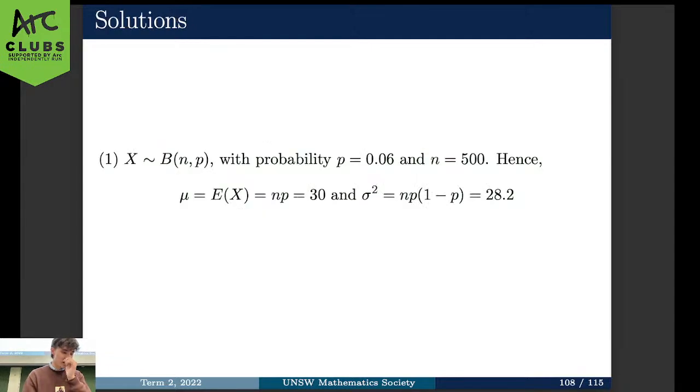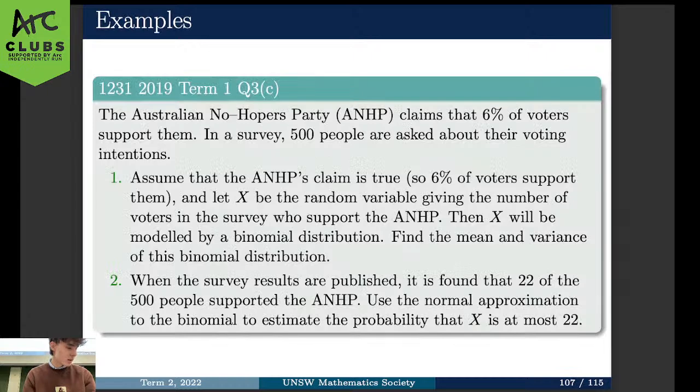Therefore, we should just get 30 for the mean and 28.2 for the variance, just applying our known formulas. So now the next part of the question is, when the survey results are published, it is found that 22% of the 500 people supported the party. Use the normal approximation to the binomial to estimate the probability that X is at most 22.